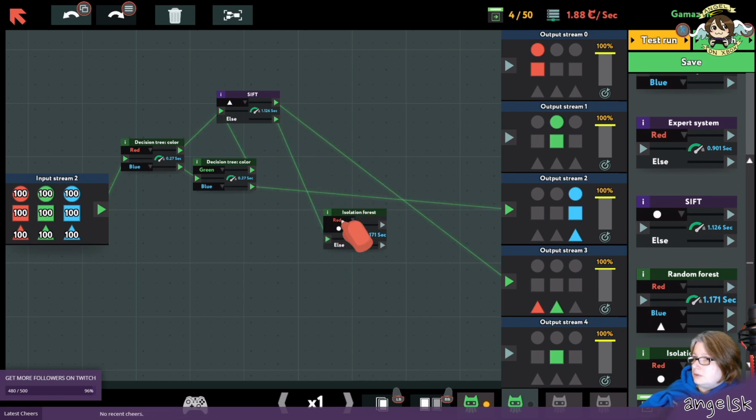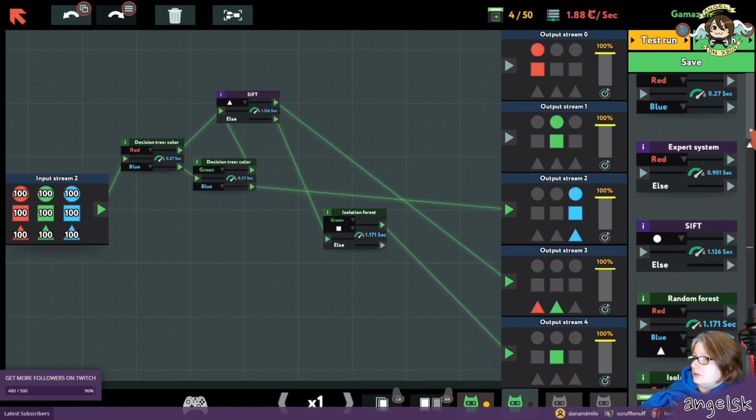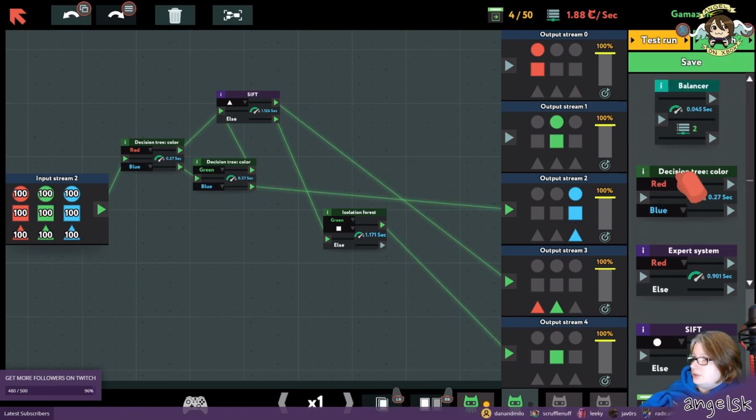We'll do a green square. Else goes through the cheaper decision tree.